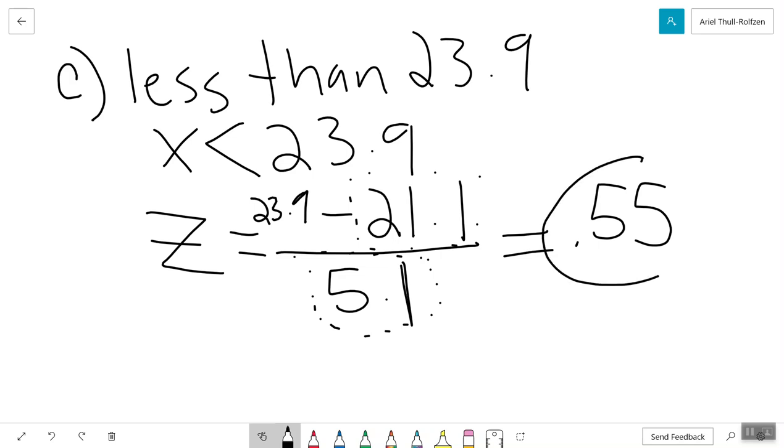So now we're going to take that 0.55 and go to the z-table on page 523, and we'll have to go to 524 to find this one. I'm going to find 0.5 on the left-hand side, and I'm going to go over until the top says 0.05. Now I found it, it's going to be 0.7088.